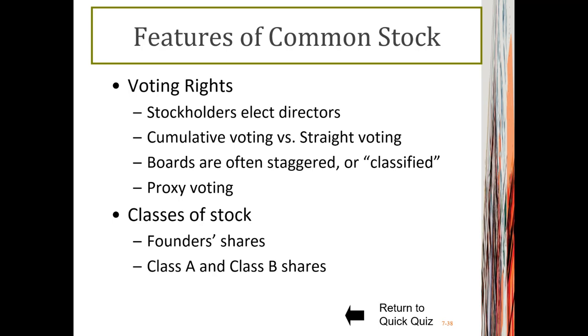The founder of Facebook, Mark Zuckerberg, has more voting rights than other common shareholders, and his shares are classified as Class A shares, and other shareholders' shares are classified as Class B shares. Although all shareholders have the same rights to receive dividends, the founders' shares have more voting rights. They have more voice in a corporation.